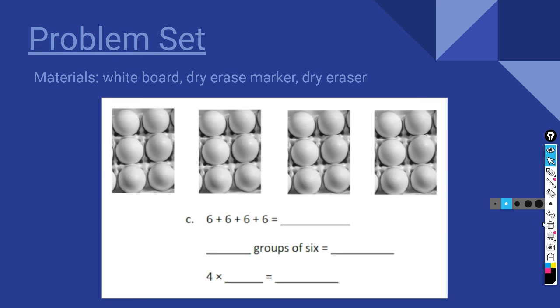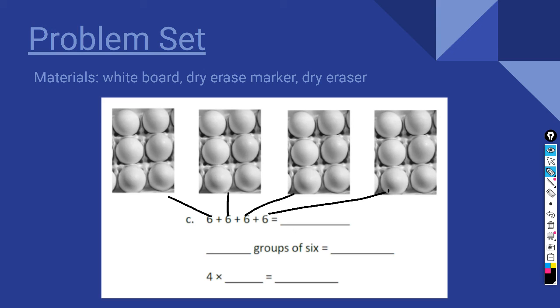Okay, I believe this is our last one. Now we have some cartons of eggs, and it's doing 6 plus 6 plus 6 plus 6. So we can count them, but I don't think we really know how to count by 6s yet.